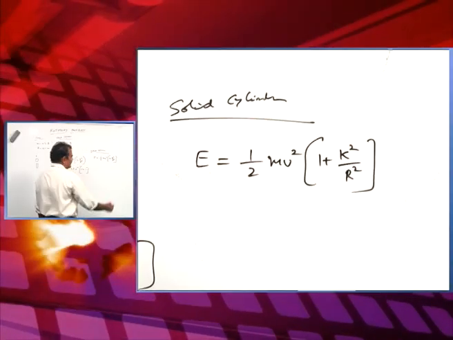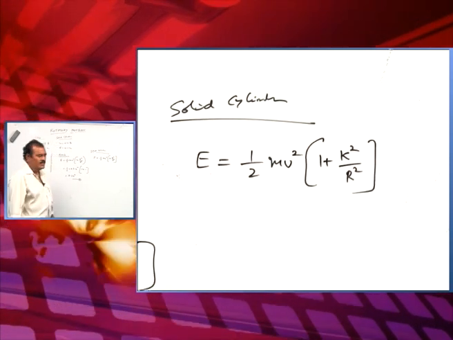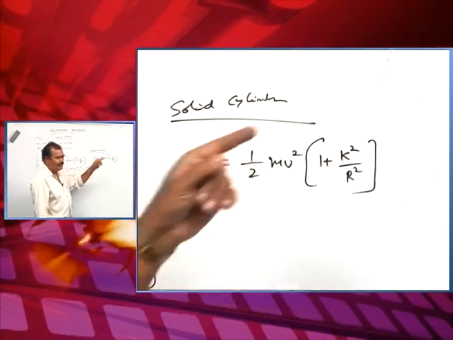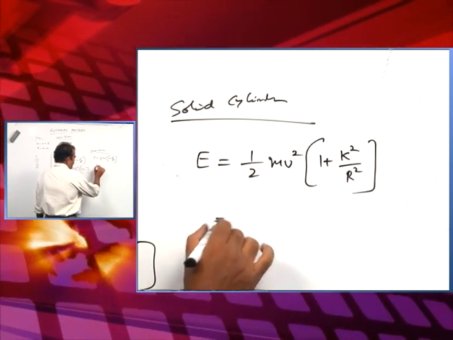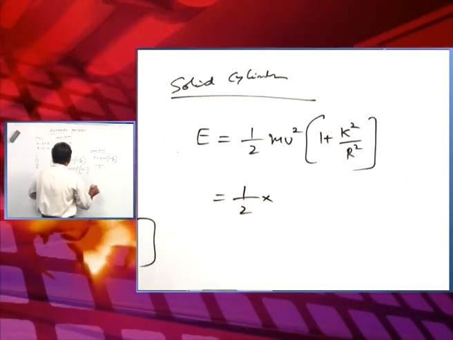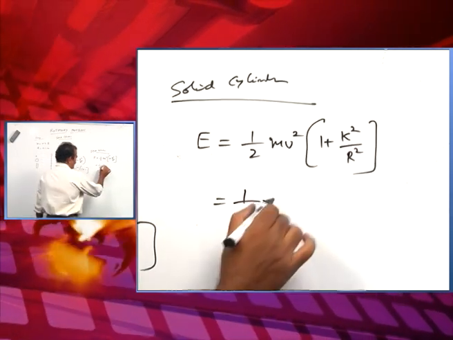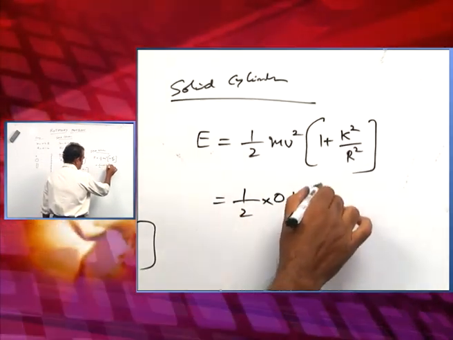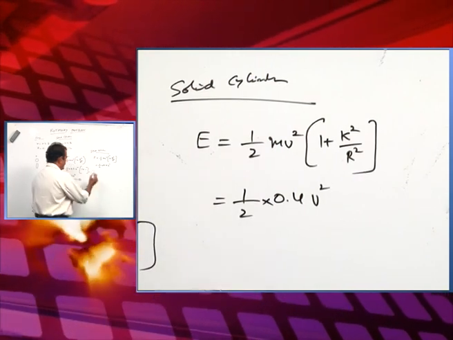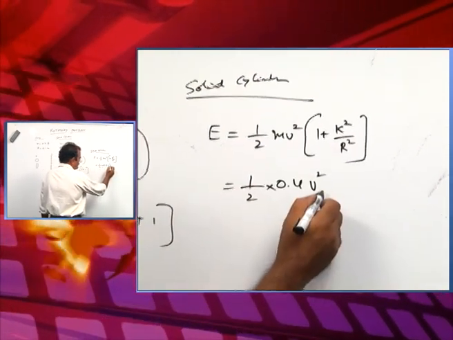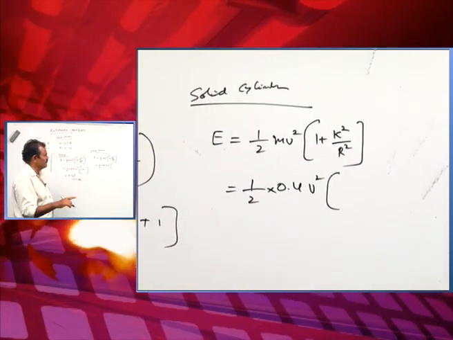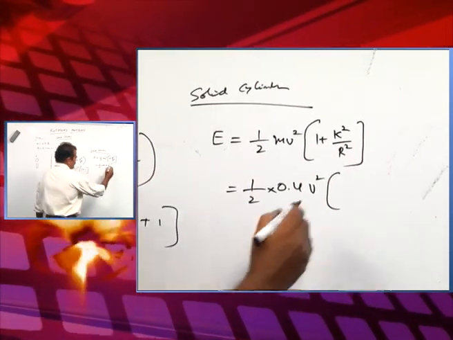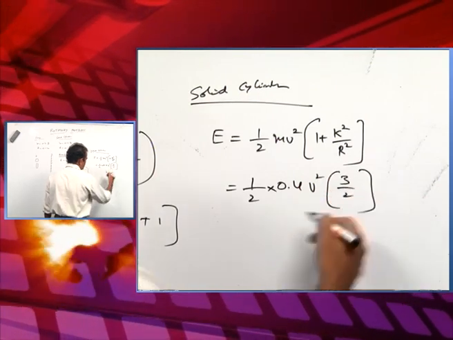In a solid cylinder, k square by r square is 1 by 2, just like a disc. So with half, m is 0.4, and v square, and 1 plus 1 by 2, overall it becomes 3 by 2.